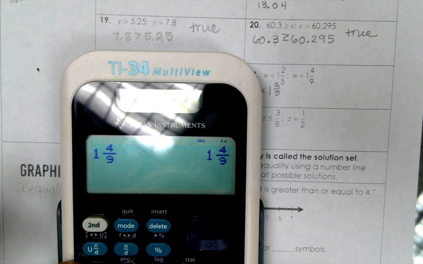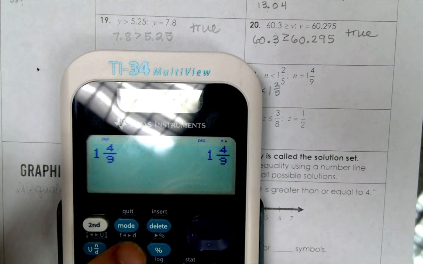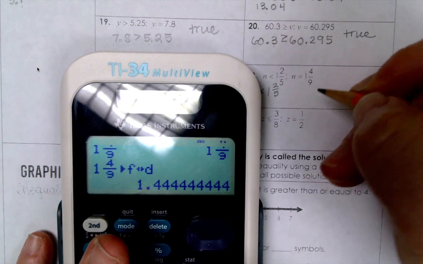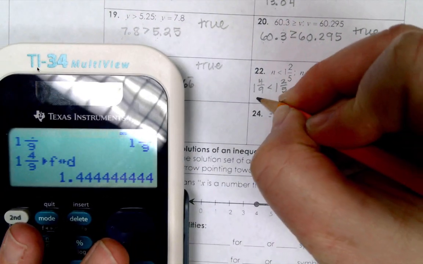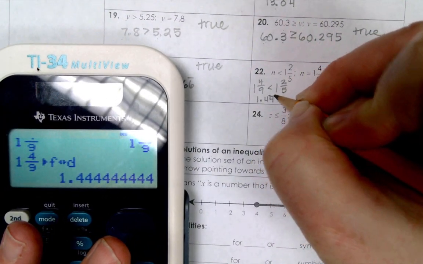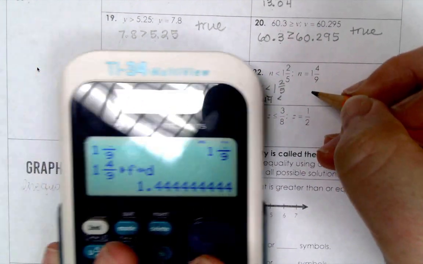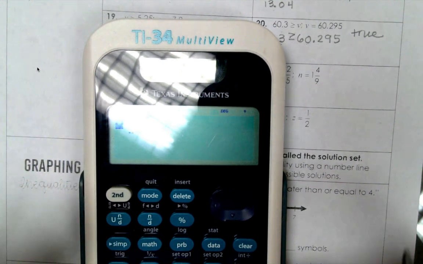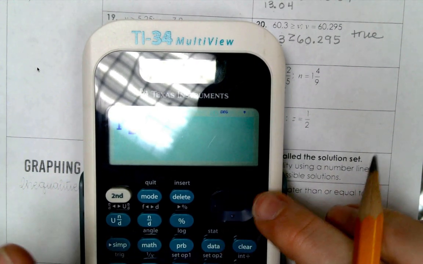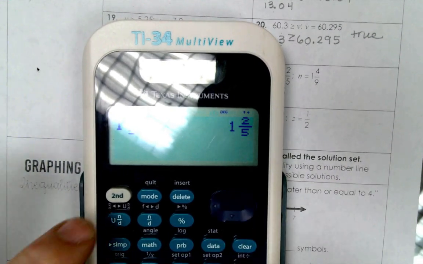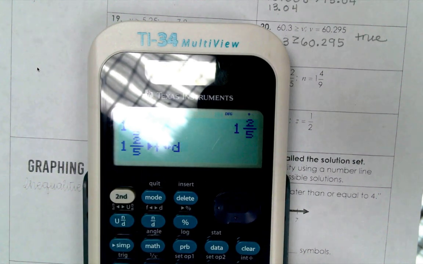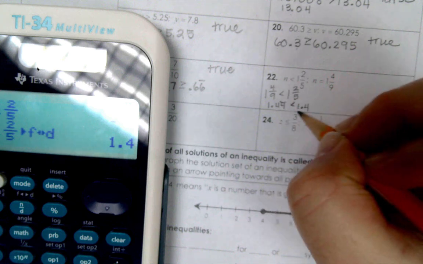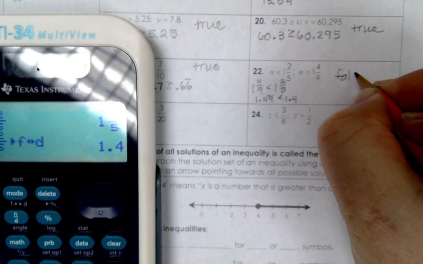Then we do second, fraction decimal, and we get 1.444. So I have 1.444 repeating is less than, let's do 1 and 2/5, enter, second, fraction decimal, and I get 1.4. So actually this is false. That's a false statement.